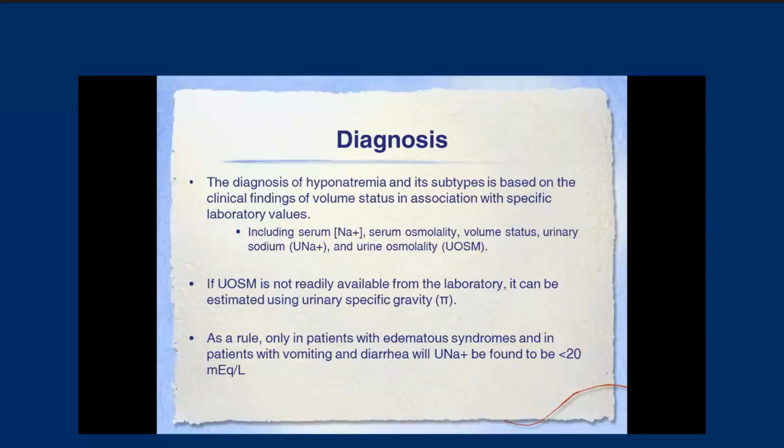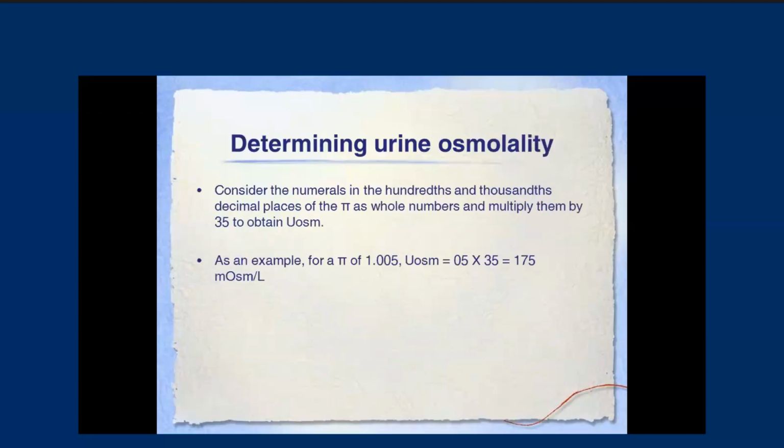So we can determine serum osmolality from the glucose and sodium level. We can assess the volume status based on the history and physical examination. We can calculate the urine osmolality based on the specific gravity, as I have mentioned earlier.